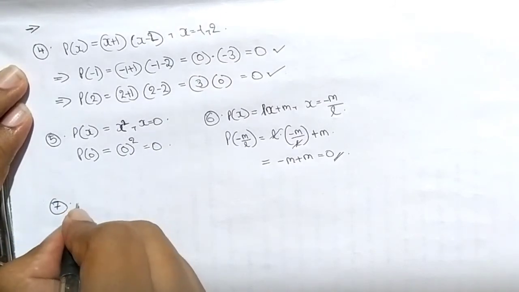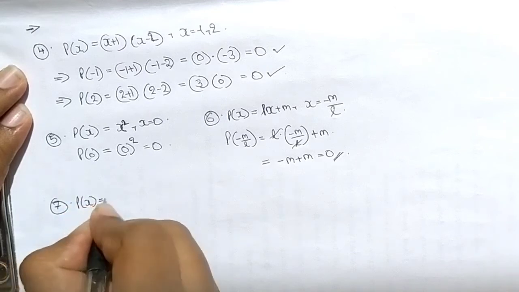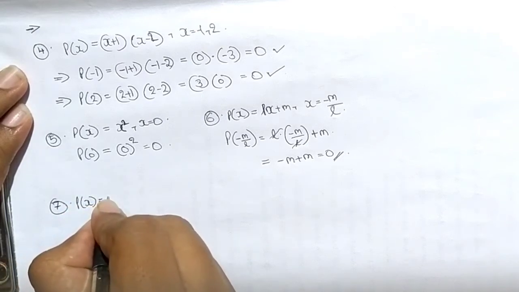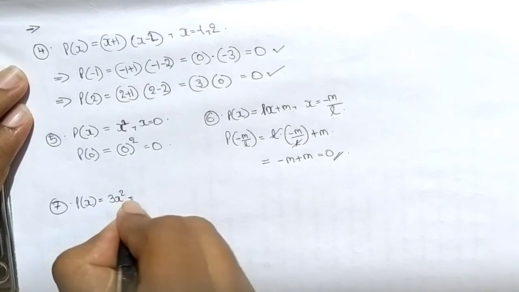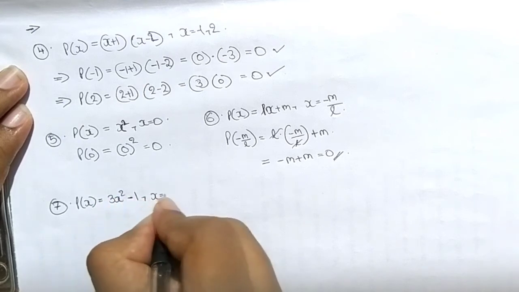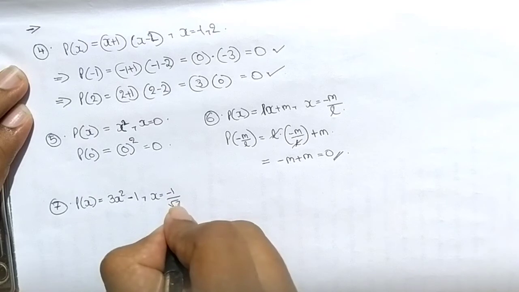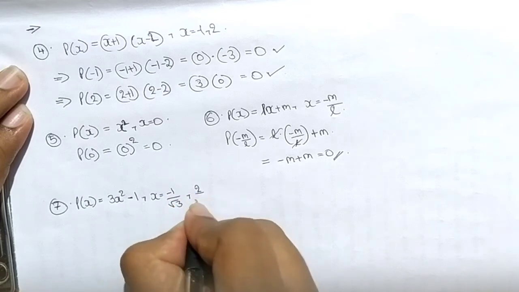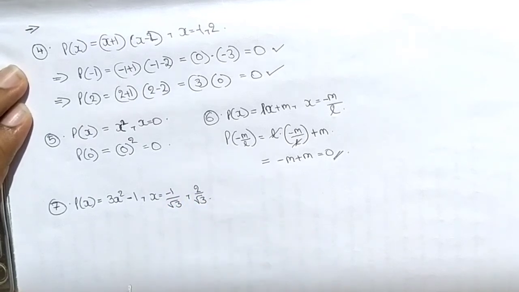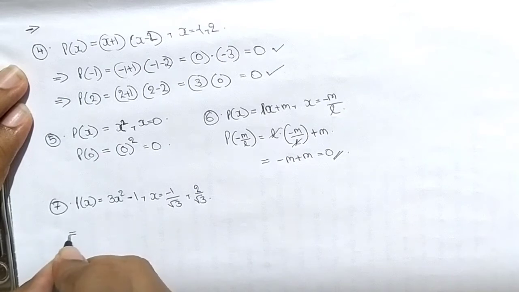7th one, P of x equal to 3x square minus 1 at x equal to minus 1 by root 3 comma 2 by root 3. Please make sure your concentration or attention is good here.